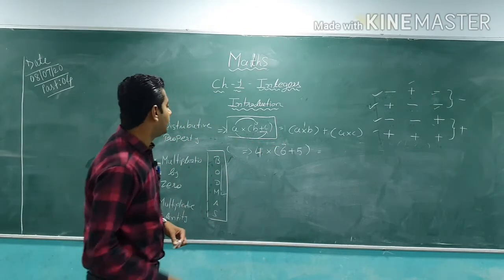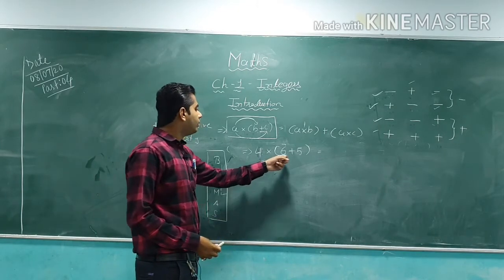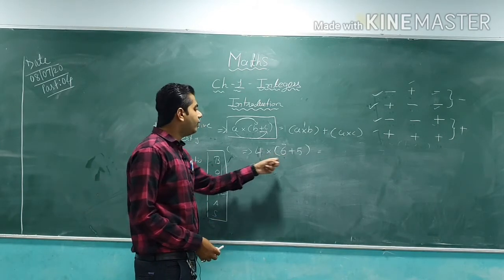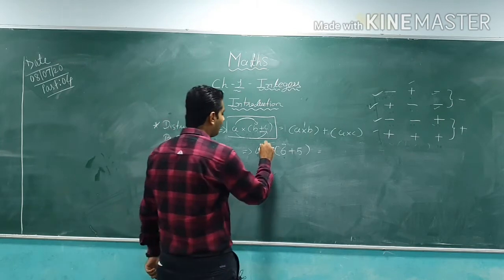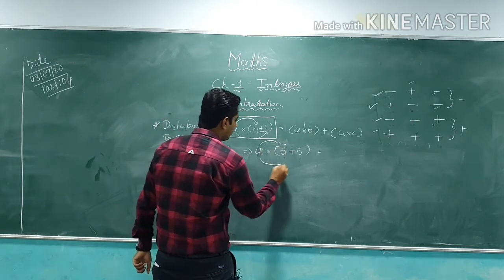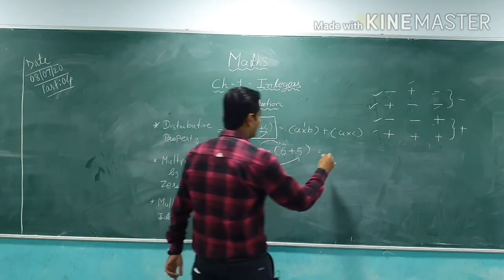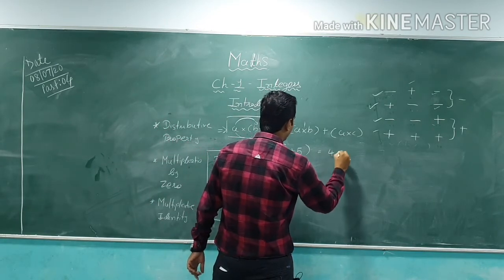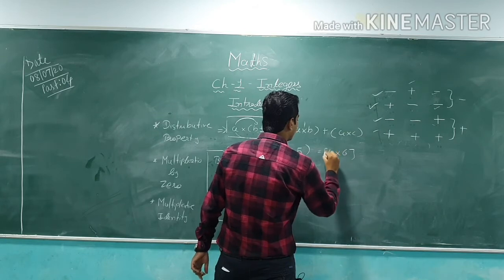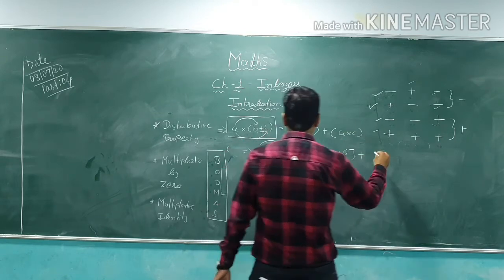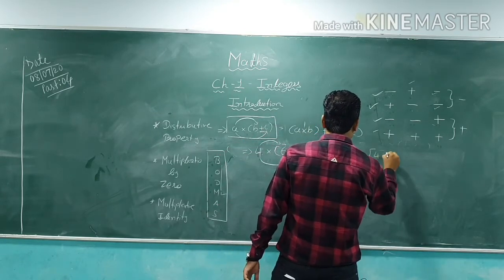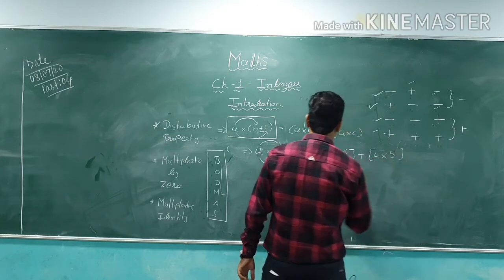So now 4 with the 6 and again 4 with the 5. According to the distributive property, you have to multiply 4 with both the terms. So let's multiply this. 4 multiply 6 plus 4 multiply with the 5.